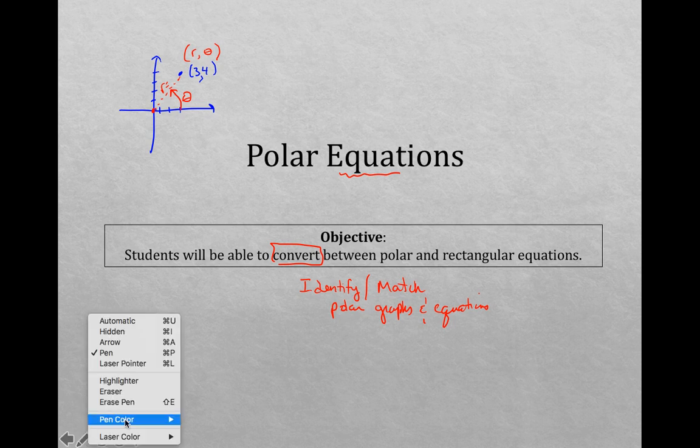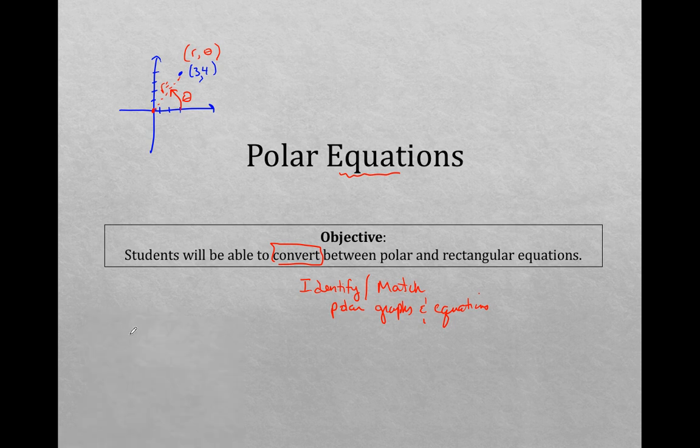If I gave you these two equations, y equals 3x squared plus 2, and y equals negative 3x squared plus 2, and two graphs, could you match the equation and the graph? Yes, because you know the characteristics.